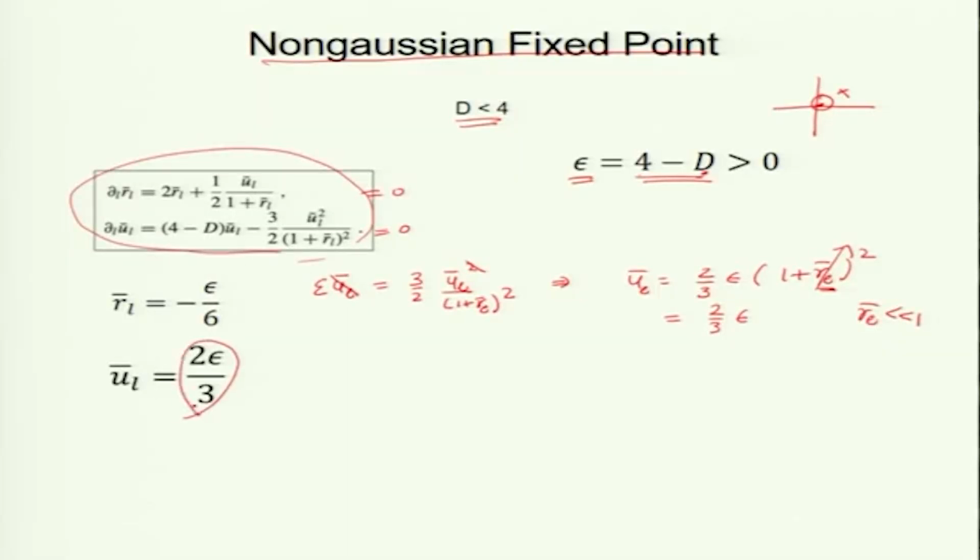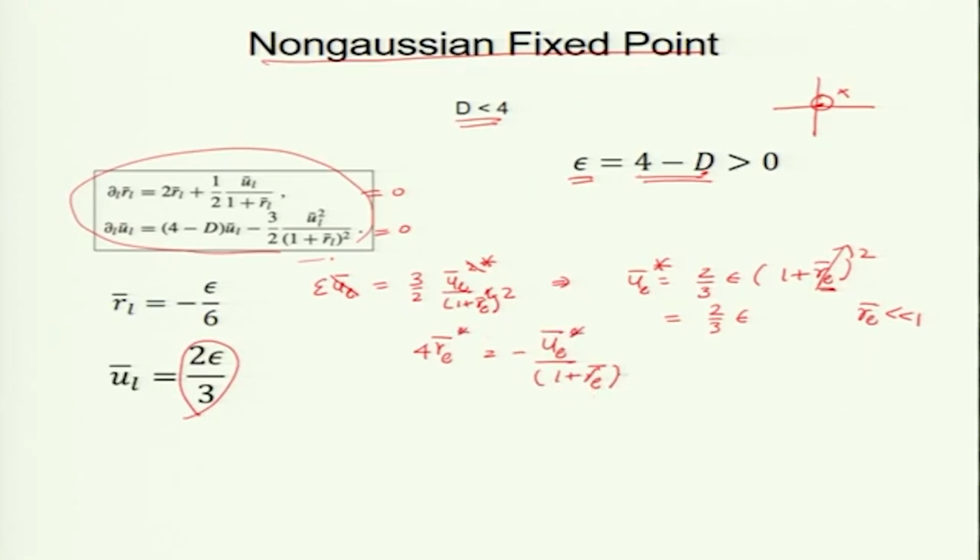It has become non-zero now, right, but I should put a star here. So, these are fixed points. So, you should put stars, 2/3 epsilon. Now, you can plug that in the first equation. The first equation gives us what? 4 R_L bar, well I am just putting 4 here, equal to minus U_L bar divided by 1 plus R_L bar star.